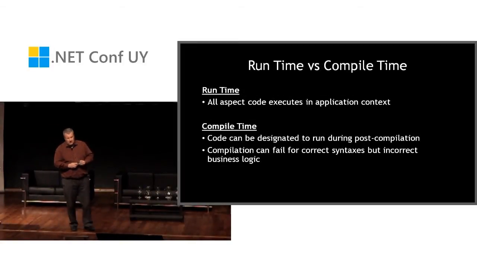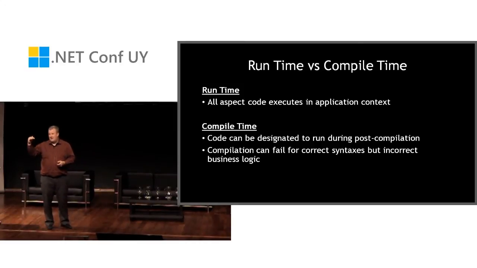So the big difference between runtime and compile time is when the aspects execute. During runtime execution, we're going to have whatever you wrote in your aspect code. It just executes like it's part of the application. And with a good AOP tool, you can debug through your code and straight into the aspect class and then back to your code again.